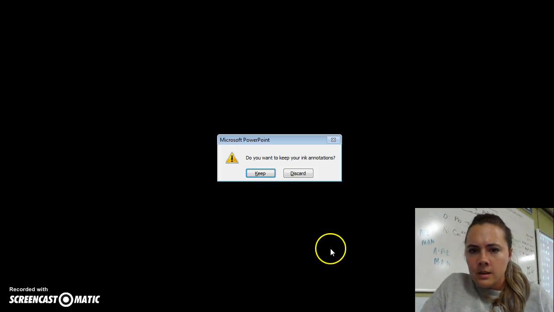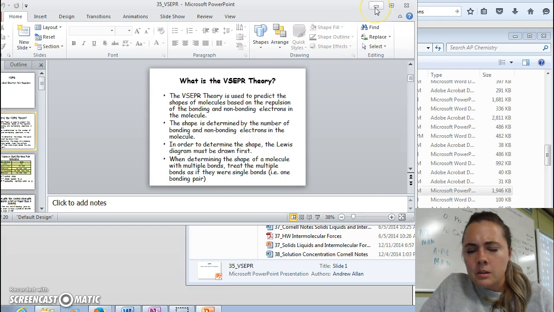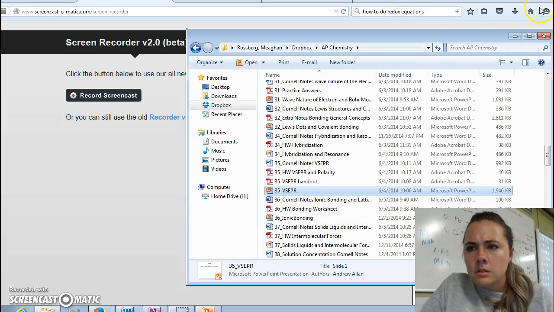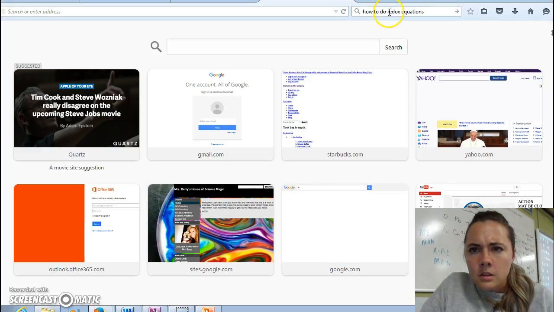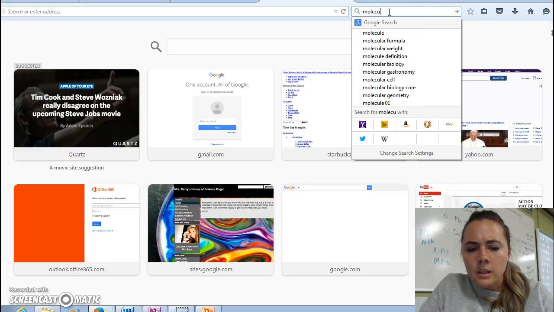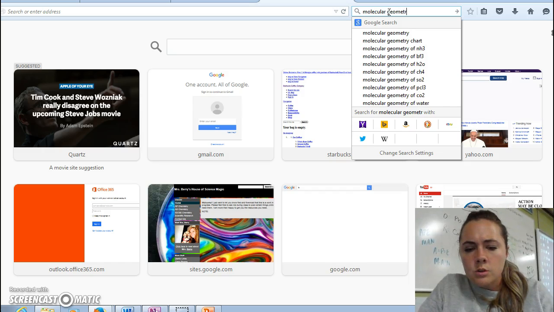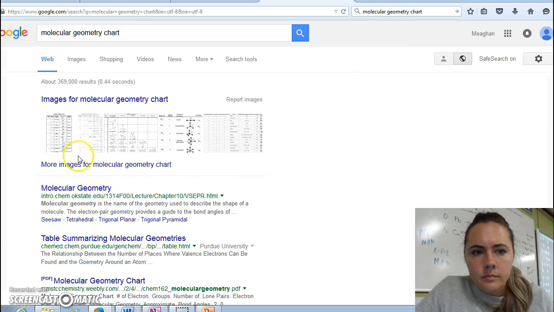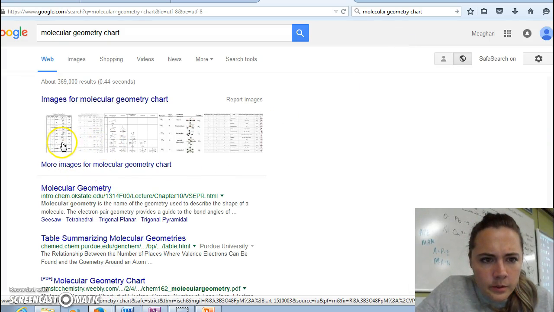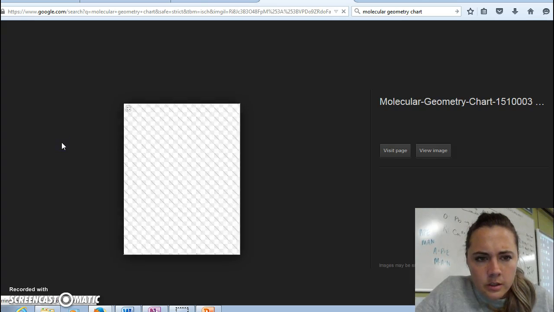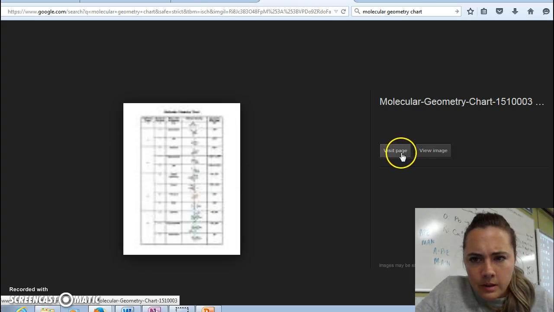So let's look up some stuff here on Google because I'm going to give you this chart. It'll be on the website, but let's at least look some stuff up here. Let's see, molecular geometry chart. Yeah, let's do that. And so here's my molecular geometry chart. And you'll have a copy of this.